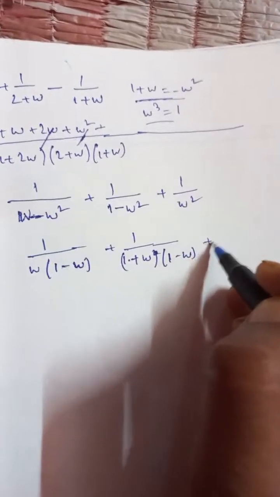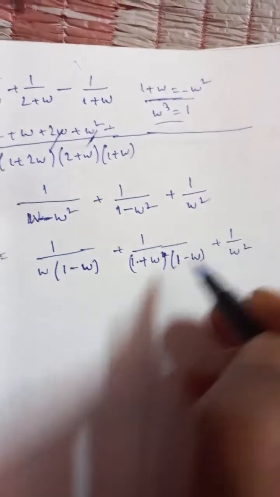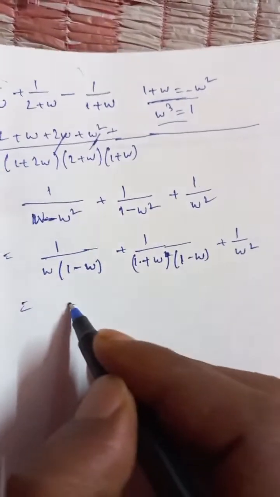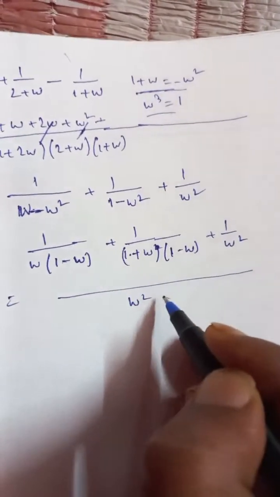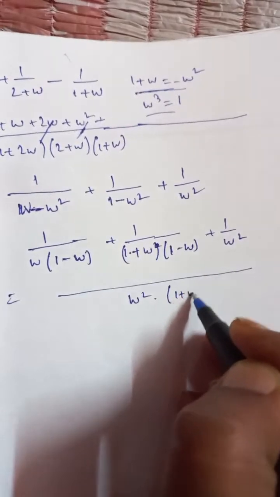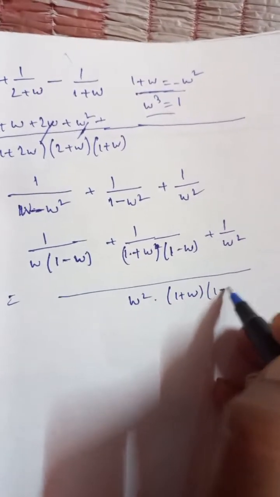And here it will be 1 by omega square. So the value will be omega square plus 1 plus omega, 1 minus omega.